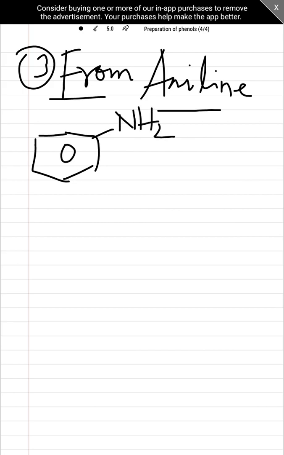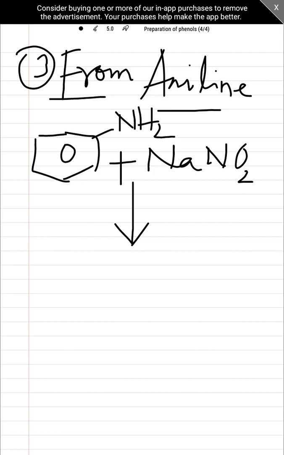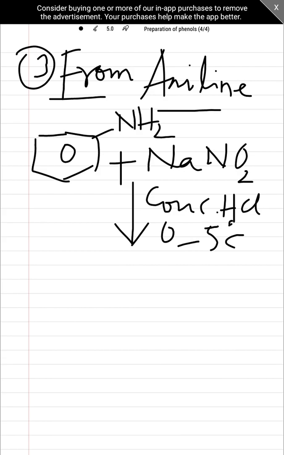It has the character to undergo diazotization. Aniline is treated with sodium nitrite, NaNO2, in presence of concentrated HCl at 0 to 5 degrees Celsius.